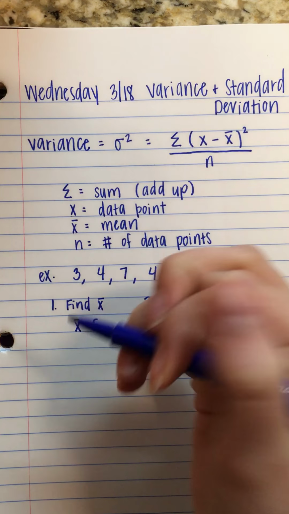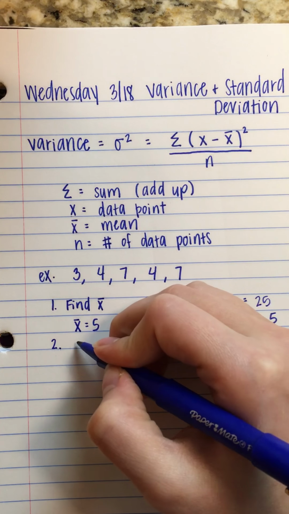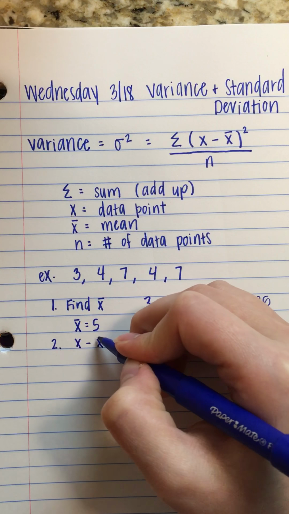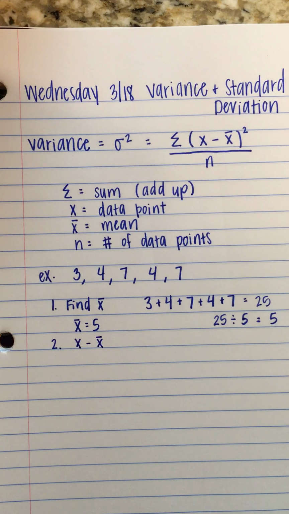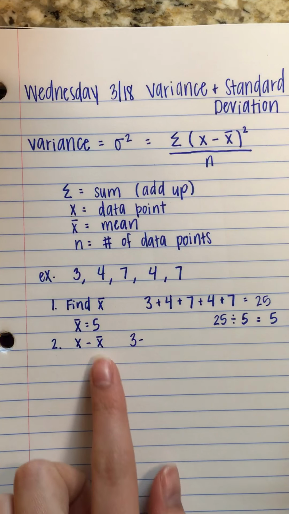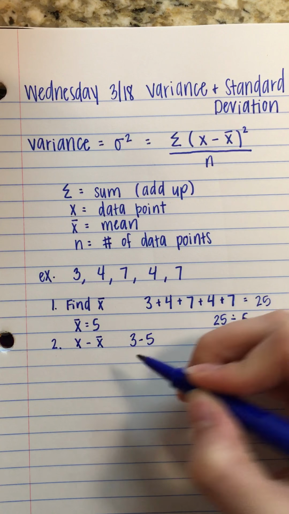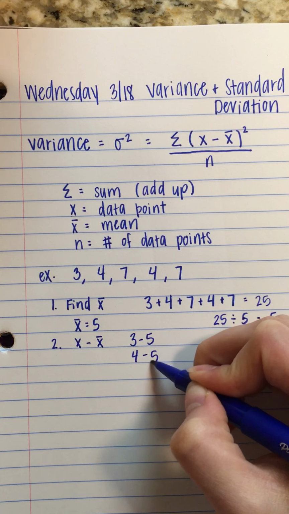Step 2, kind of like with mean absolute deviation, we're going to find x minus x bar for all of these. So starting with 3, I'm just subtracting my mean here. So I've got 3 minus 5, 4 minus 5.